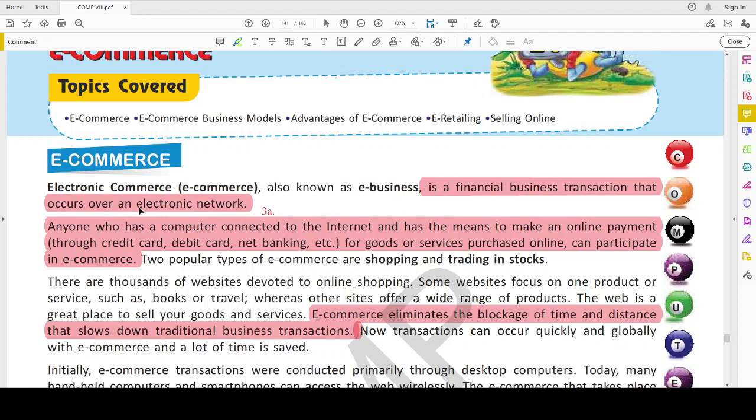All run on electric power. So they require electricity to function. They are connected devices and they communicate with a server computer that is hosting an e-business site.